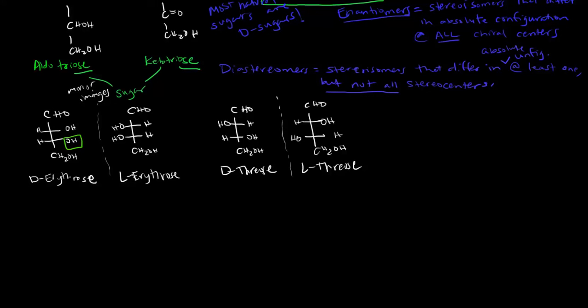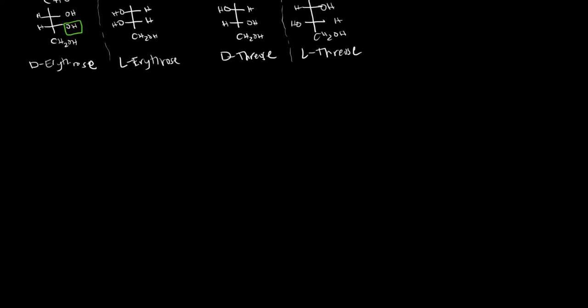Okay, so let's go forth with a further example. Let's think about glucose and galactose because they are very important sugars. So let's draw glucose. It's a 6-carbon sugar, so we have a CHO and then a CH2OH.